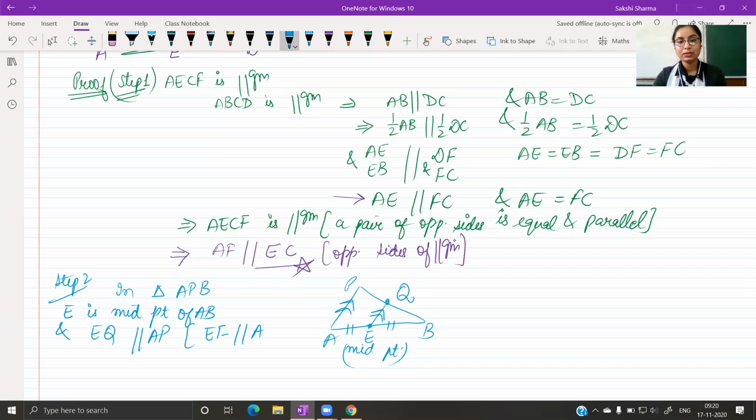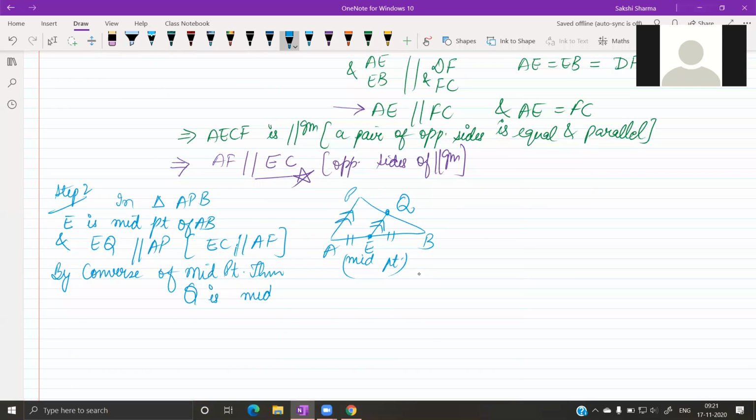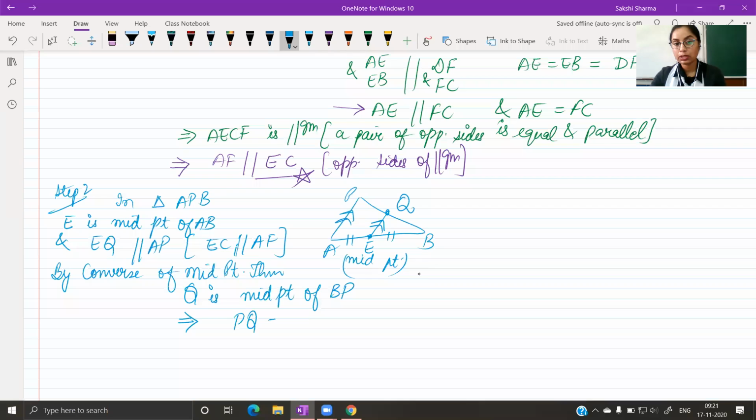EQ is parallel to AF, since EC is parallel to AF. You can also write down the result which has been marked as star. So by converse of midpoint theorem, we get the midpoint of the third side. Since Q is proved as the midpoint, I can write down that the two parts are equal.